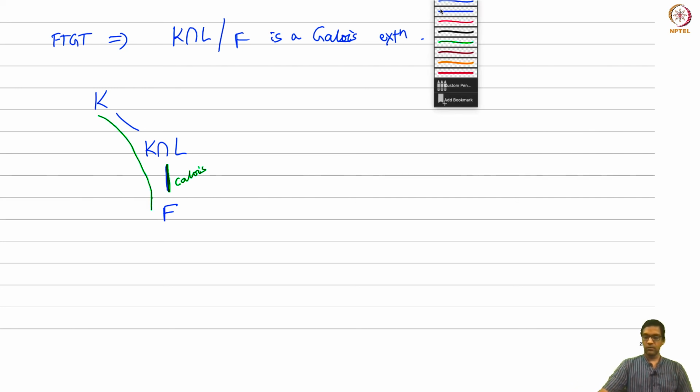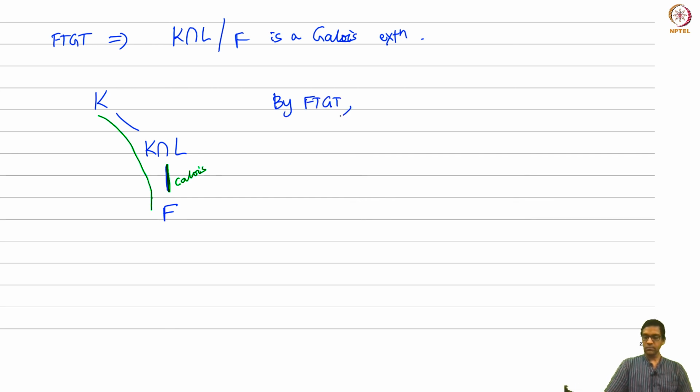Now, by the fundamental theorem again, I should do the same thing on this side. So let me call the group of K over F as G prime, and let's call the subgroup corresponding to K intersection L as H prime.